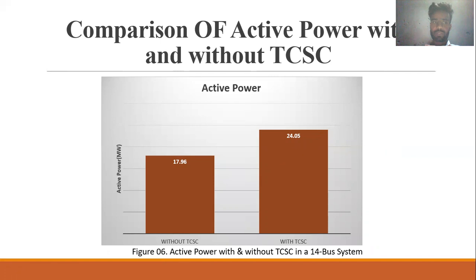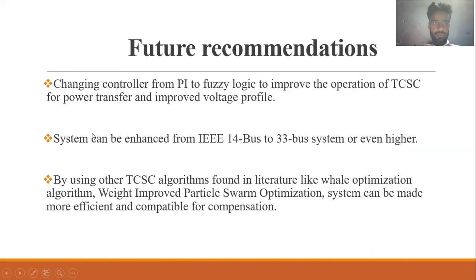Yeah, the power transfer capability is improved. There are no transformers involved, only the TCSC FACTS device with its simple three-phase structure, a firing unit, and simply a control unit with a PI controller. So this is a simple graph.